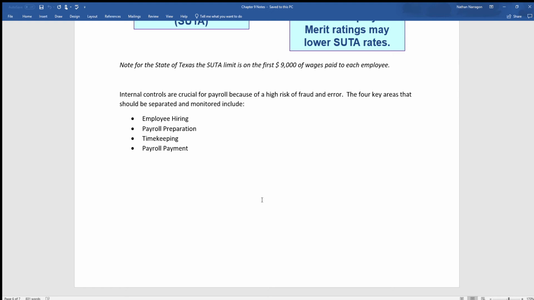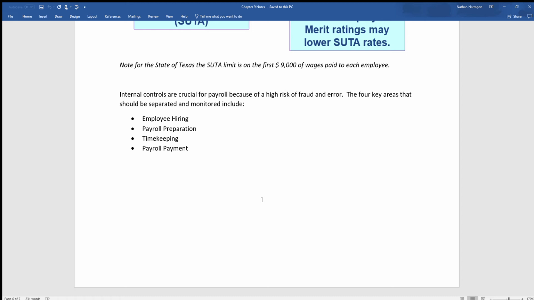They put all the bogus information in, and they get to actually start basically getting the paychecks of that individual that they put in. Next is payroll preparation. So whoever's preparing the payroll, of course, again, they can say, well, this check goes out to this person, again, another fictitious employee, and we're not monitoring too much.